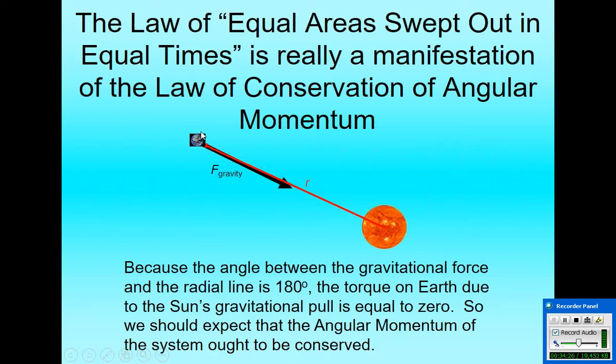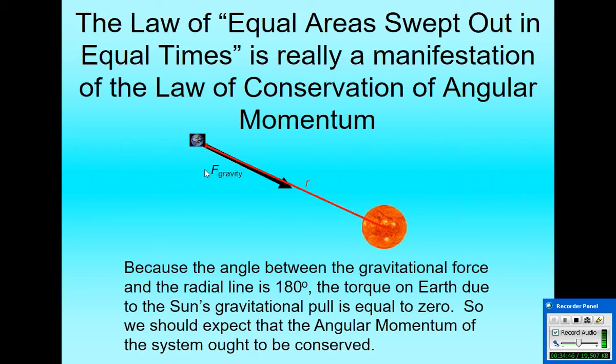So if the Earth is placed with angular momentum, and if the torque exerted by the sun on it is 0, then the angular momentum is not going to change. That's an example of the impulse momentum theorem for angular motion. Torque times time equals change in angular momentum.